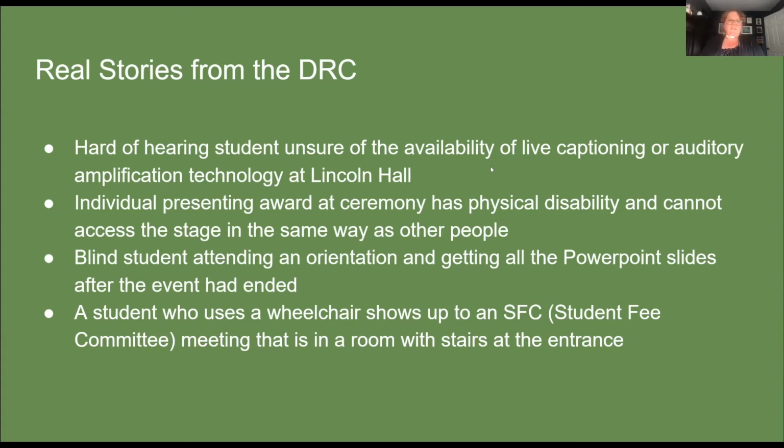And in this situation, the student had to go back and interrupted the flow of traffic where other people were still coming, and it was awkward, and it was obvious that it was only happening for them because they had a disability, and that was just frustrating.